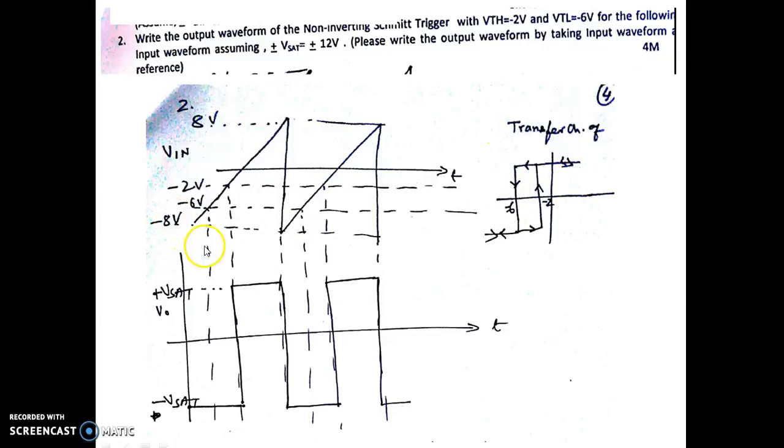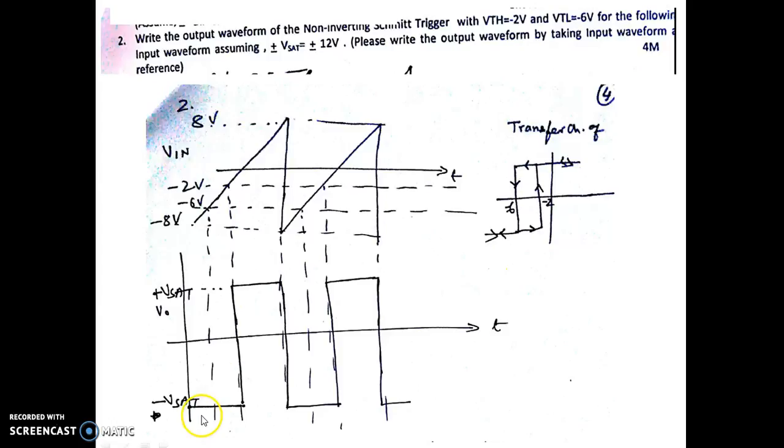So this is how the transfer characteristics look. Suppose you want to write the output characteristics, just have a look at when the input is minus 8 volt, the corresponding output is minus Vsat. So we have written here when it is minus 8, the output voltage is minus Vsat. We know that it makes a transition from minus Vsat to plus Vsat only when the input voltage goes above minus 2, that is, when it is becoming minus 1.9, then only it makes a transition.